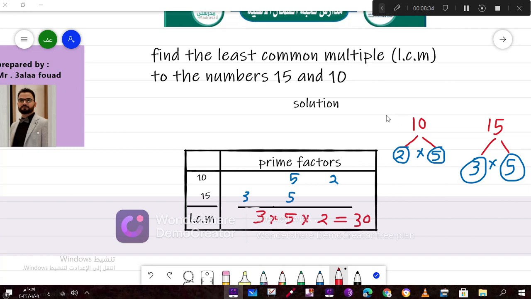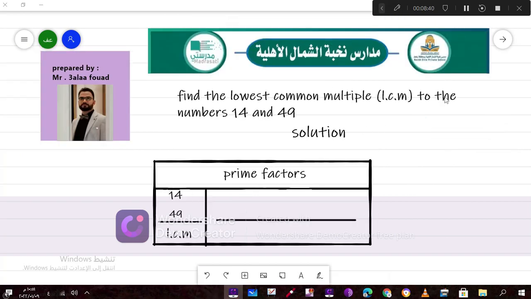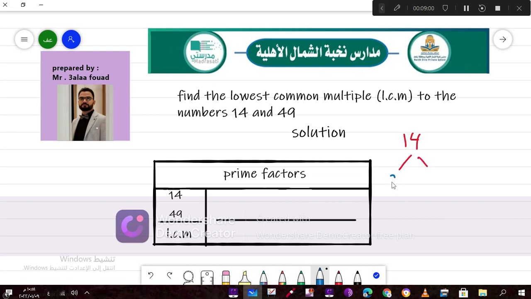Let's try a more tricky pair. Similarly, for example, find the lowest common multiple of the numbers 14 and 49. In the same way, we factorize 14 as 2 times 7, and also factorize 49 as 7 times 7.